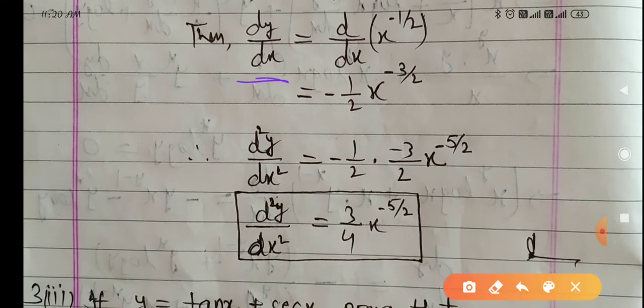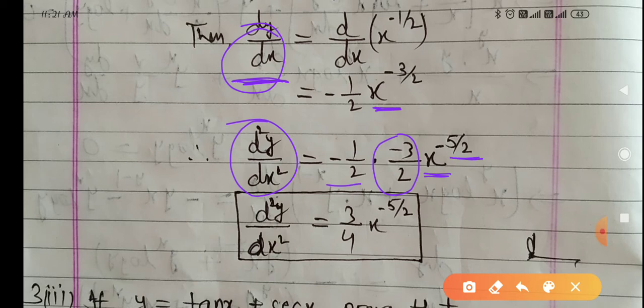So dy upon dx, its differentiation will become d2y upon dx2, just before I told you. Now 1 upon 2 same, differentiation of x to the power minus 3 upon 2. So minus 3 upon 2 x to the power minus 3 upon 2 minus 1. So that will become x to the power minus 5 upon 2. By simplifying, you will get d2y upon dx2 equals 3 upon 4 x to the power minus 5 upon 2.